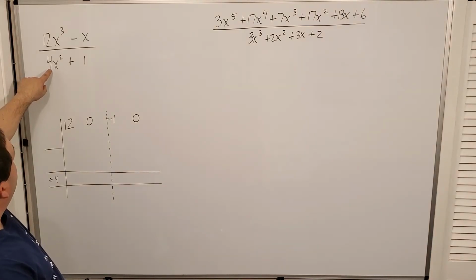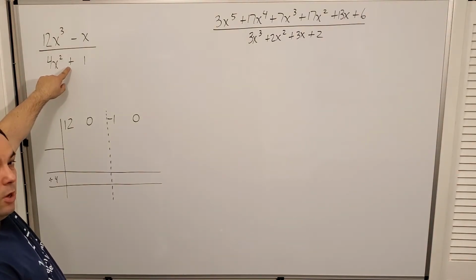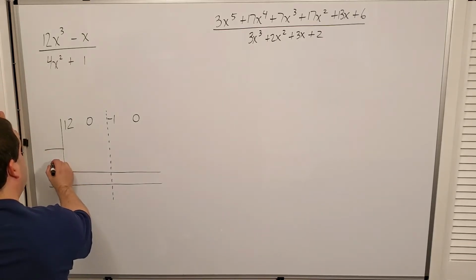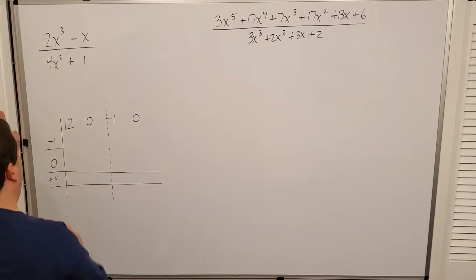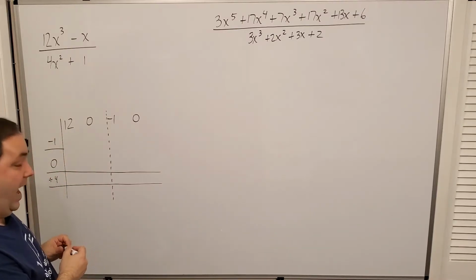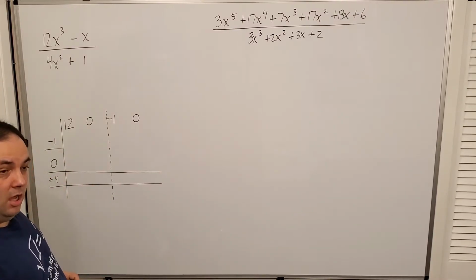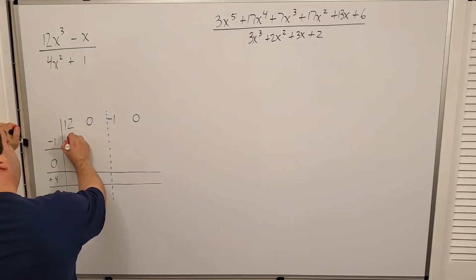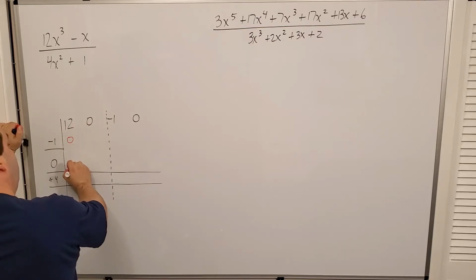I'm noticing that it's 4x squared plus 0x plus 1. So 4x squared, I've got the 0x and then minus 1. I have 2 levels of displacement, right? So 2 diagonals. Here's one diagonal, and then here's a second diagonal, like so.